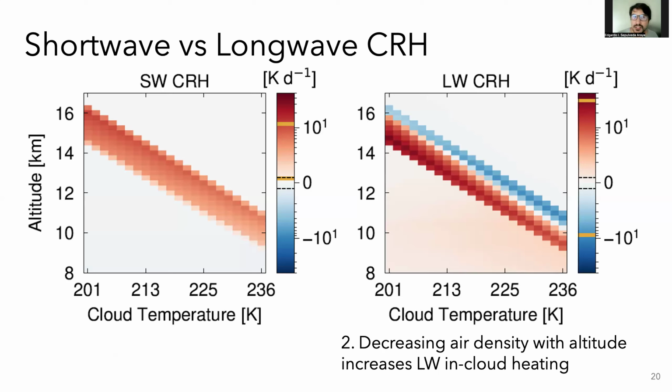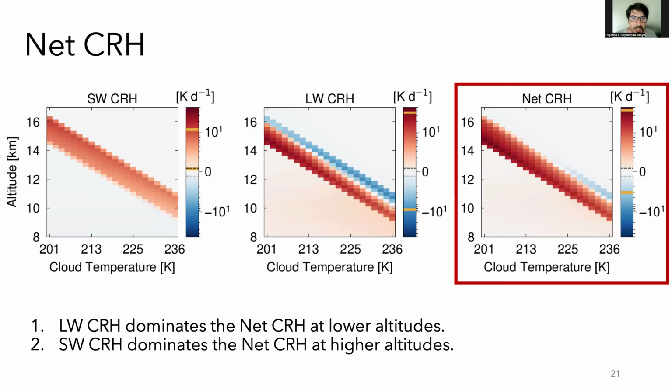Again, density is the main factor, and also we have a strong heating relative to less density and a colder environment. This is something that people who study the heating rate already know. And finally, we can compute the net cloud-radiative heating.